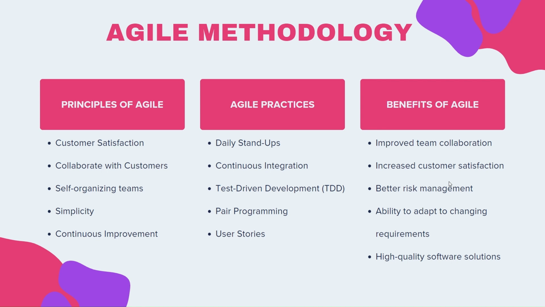So make sure that you engage your users, make sure that you collaborate, make sure that you test your application, make sure that you meet in daily stand-ups, and with all that in Agile, you will have produced the best software.